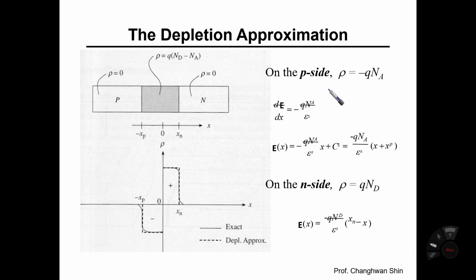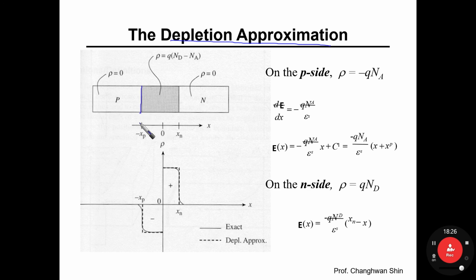And in this slide, I guess you can see the depletion approximation again. As we have done in the MS diode, let's reuse the depletion approximation.